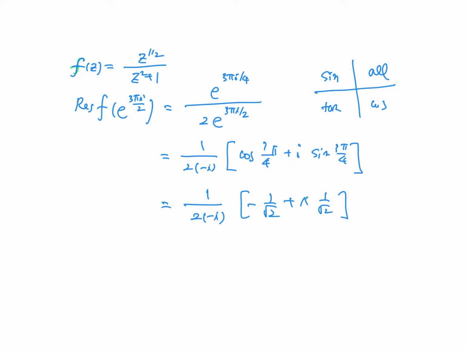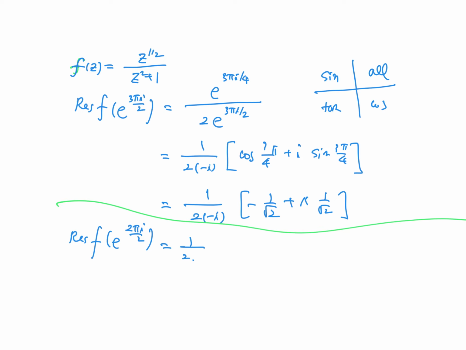And if I remember correctly, residue f at exponential I pi over 2 was 1 over 2I times 1 over square root of 2 plus I over square root of 2, right? Let me just double check. I should have a good short-term memory, which is good.